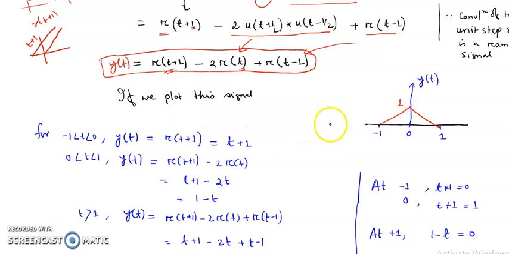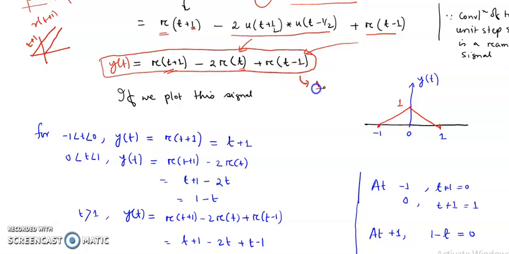Now if you plot this signal, r(t plus 1) is defined for t from minus 1 to infinity, r(t) is defined for t from 0 to infinity, and r(t minus 1) is defined from 1 to infinity.